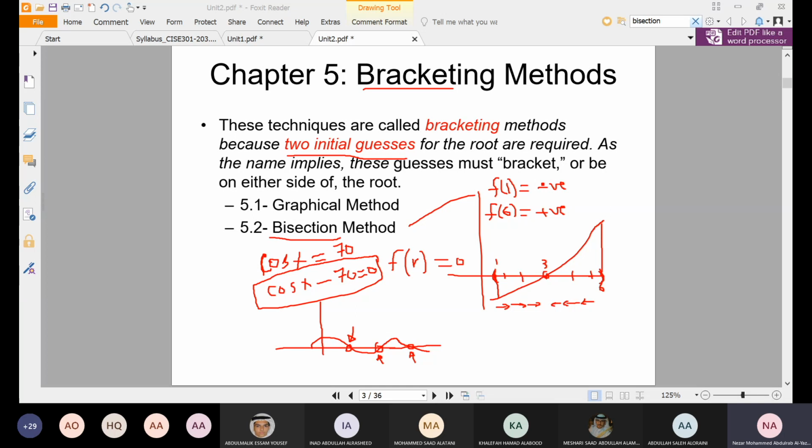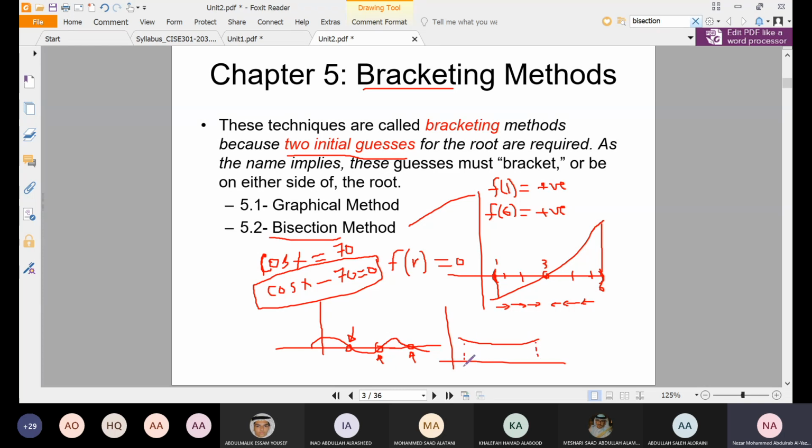So if we get, for example, the evaluation of our initial guesses, here is positive and here is positive. So the evaluation of both functions here is positive.